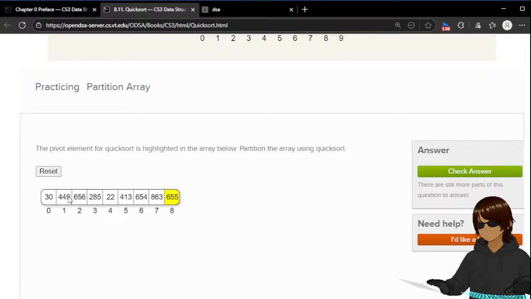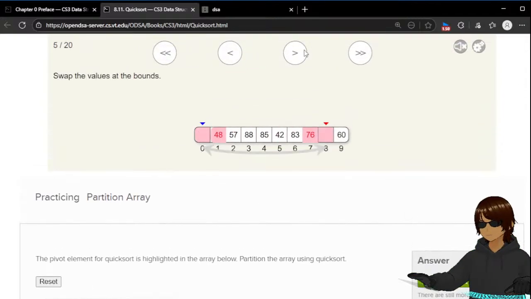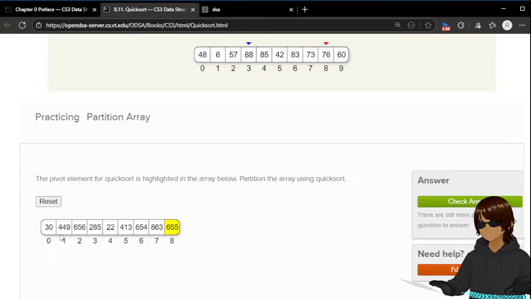The next one is 449. This one is 413. 449 is less than 65. Now, less than is fine. If we reach more than, that's an issue. From the right, if it's less than, then that's an issue.